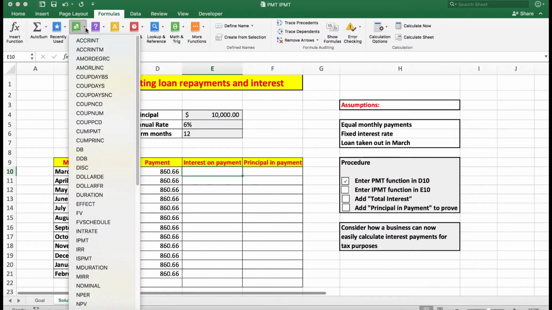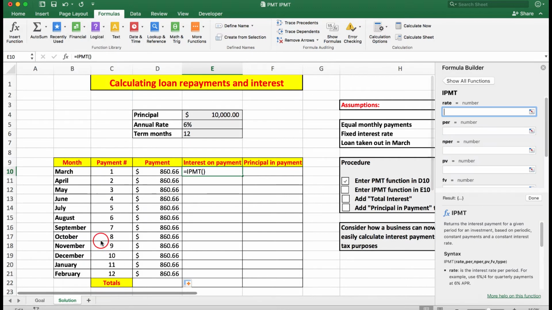So again, formulas tab, drop arrow next to the formulas for financial functions, and go down to IPMT. When we click on that, again we see the formula builder. The rate is in that cell. Remember that we had to divide by 12. The period number is in this cell for the very first payment.